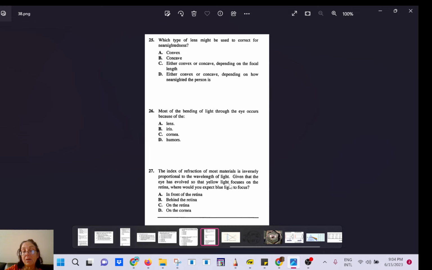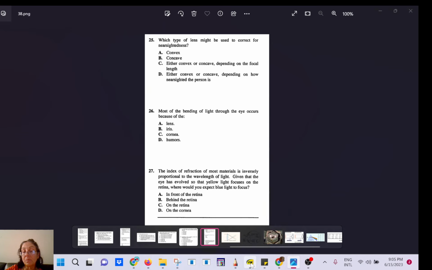So if you have yellow light that will be focused on the retina, what's going to happen with blue light? Well, blue light has a smaller wavelength, right? It has the smallest wavelength of all the visible light. So it will have the largest index of refraction, which means it will be refracted the most.